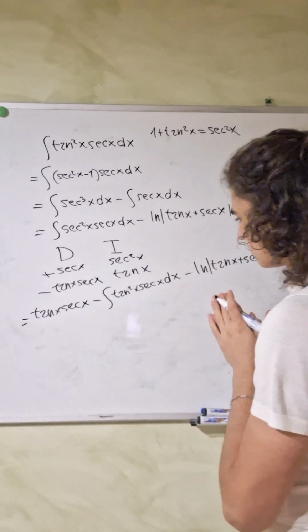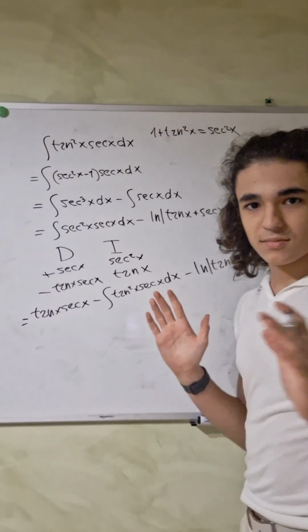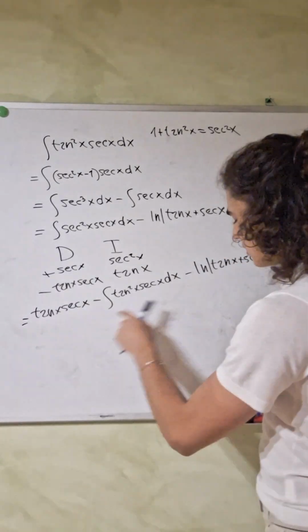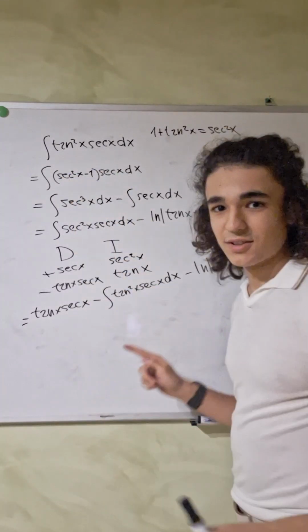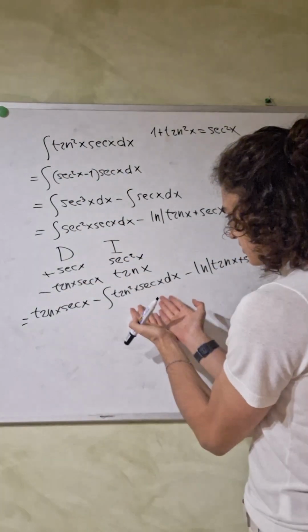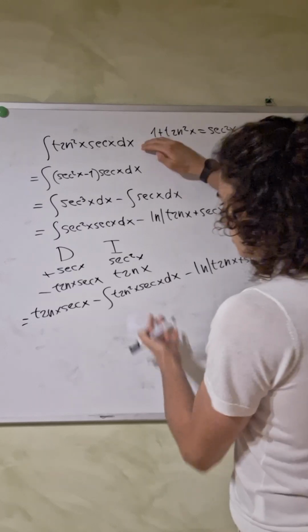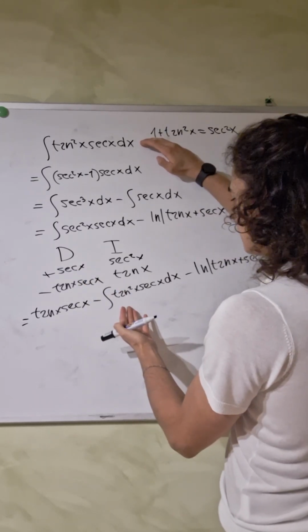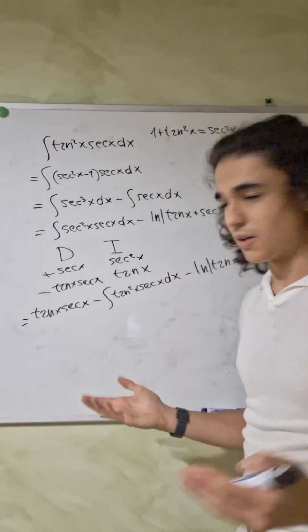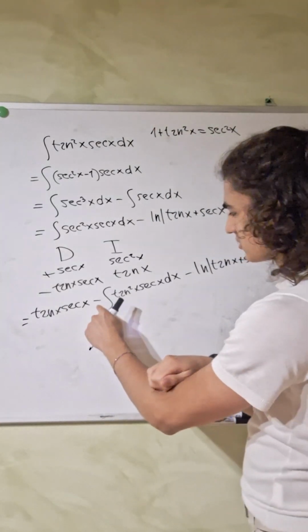Okay, so pause one moment, because look at this. This is the integral we've started with. So there's no way we can solve this integral because all of this is meant to solve this integral. So what can we do now? Well, you see this minus sign here.